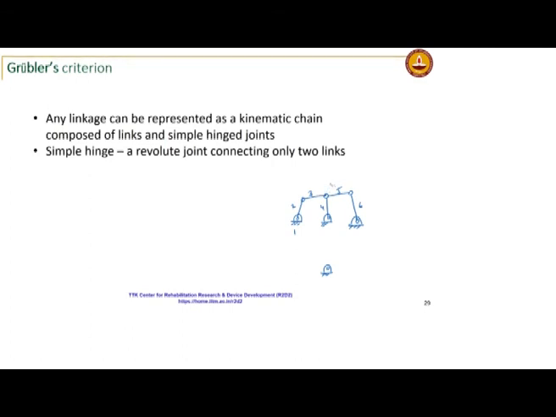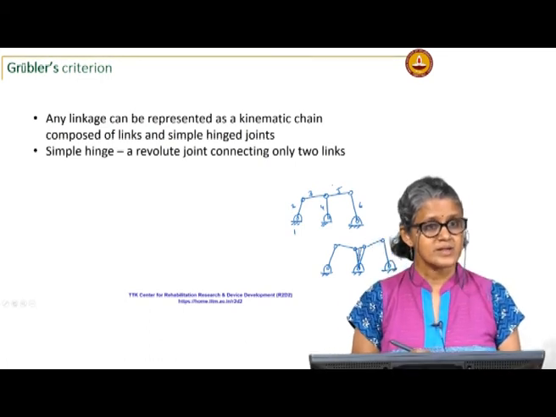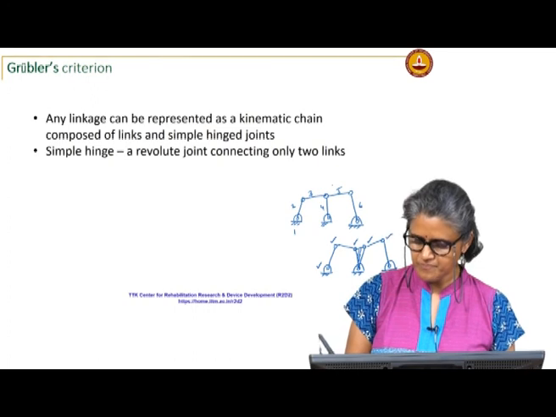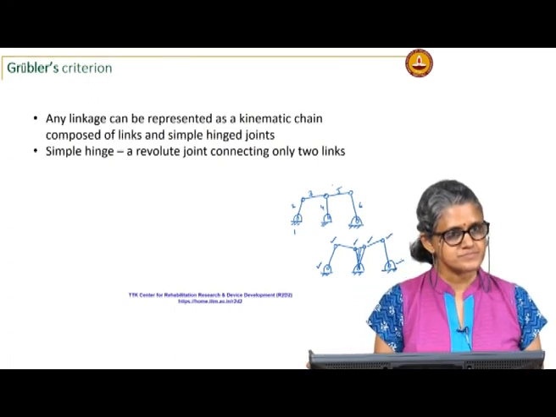So, when I do my mobility calculation, I would count 2 links here. I do not want to do that, I want it to have only simple hinge joints, in which case I would redo this mechanism like this. I would convert this into a ternary link, so that now all my hinge joints are simple hinge joints.